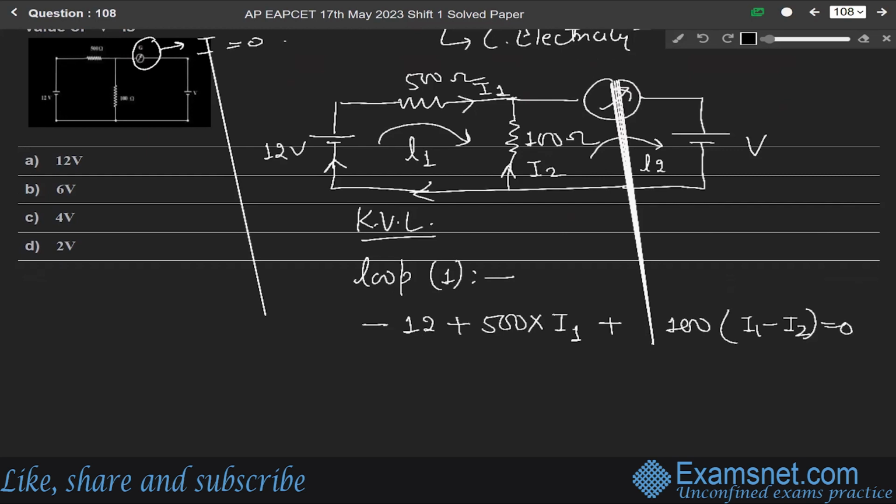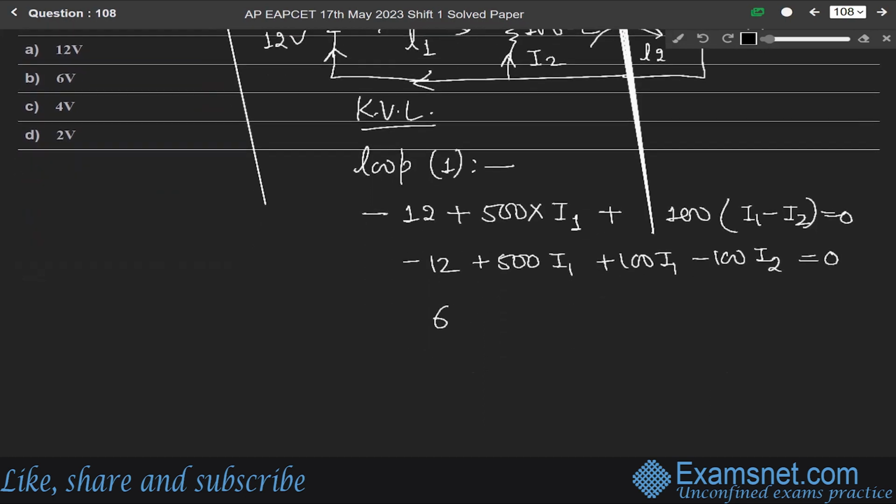Solving it, we get minus 12 plus 500 I1 plus 100 I1 minus 100 I2 equals 0. So this becomes 600 I1 minus 100 I2 equals 12. Let us say this is equation 1.